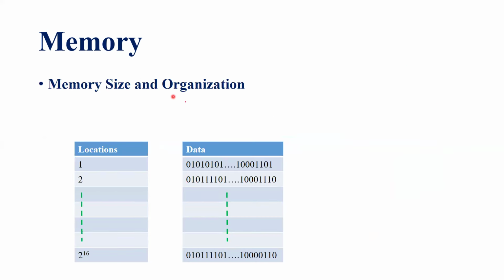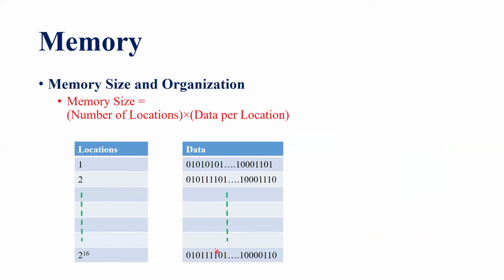Now let us talk about memory size and its organization. You can see this table shows locations and this table shows data. Memory size is given by this formula: number of locations multiplied by data per location.